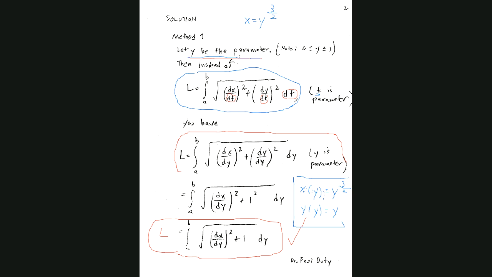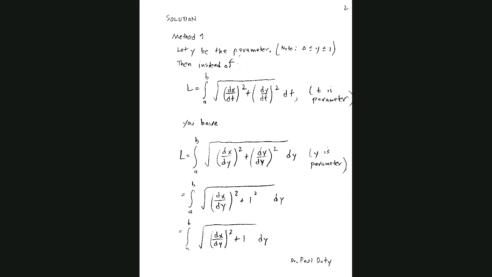Maybe it'd just be better to write it like this. x is y to the 3/2 power, and y equals y. Okay.